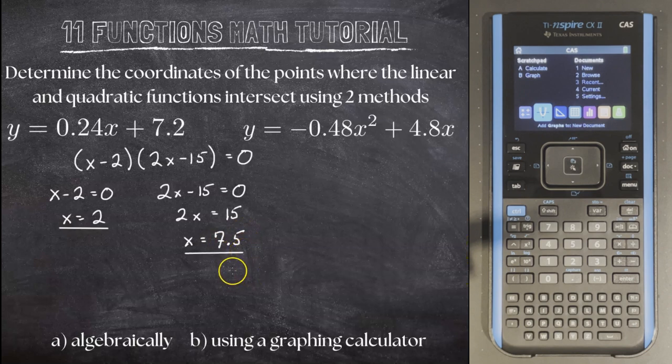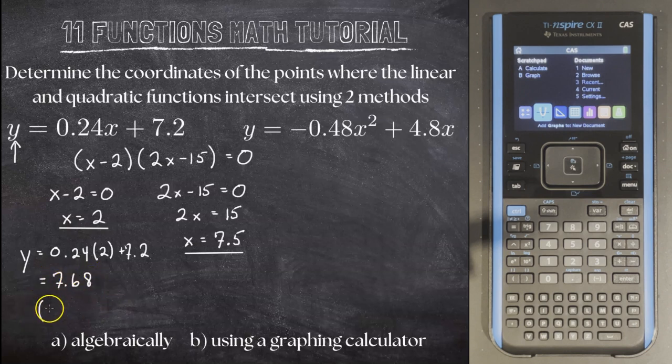Those are our two solutions. But of course, we don't just need the x-coordinates, we need the y-coordinates as well. So we can plug each of these x-coordinates into our equation and solve for y. It doesn't matter which equation we use, but I think the linear equation will be less work. Let's start with x equals 2. y equals 0.24 times 2 plus 7.2, and that gives us 7.68.